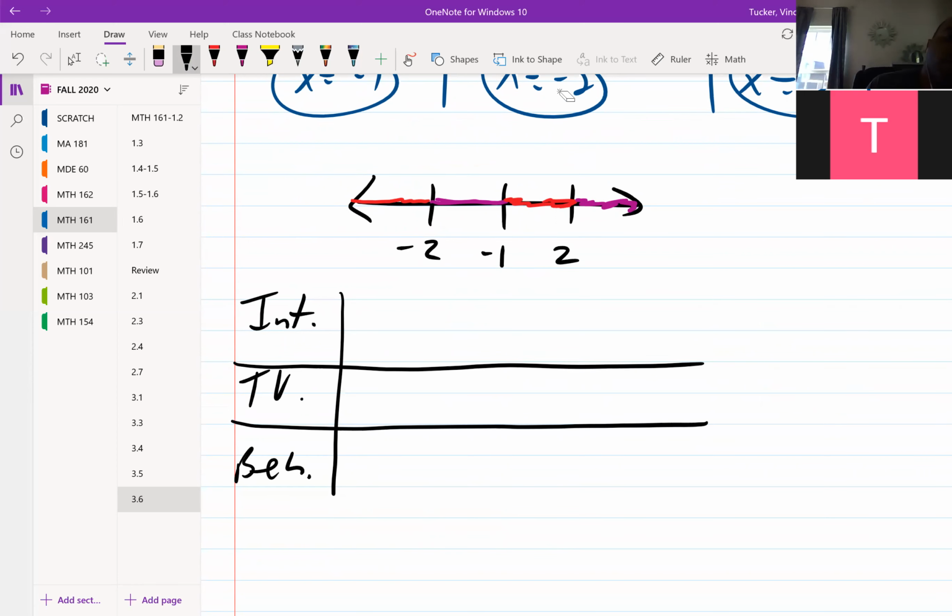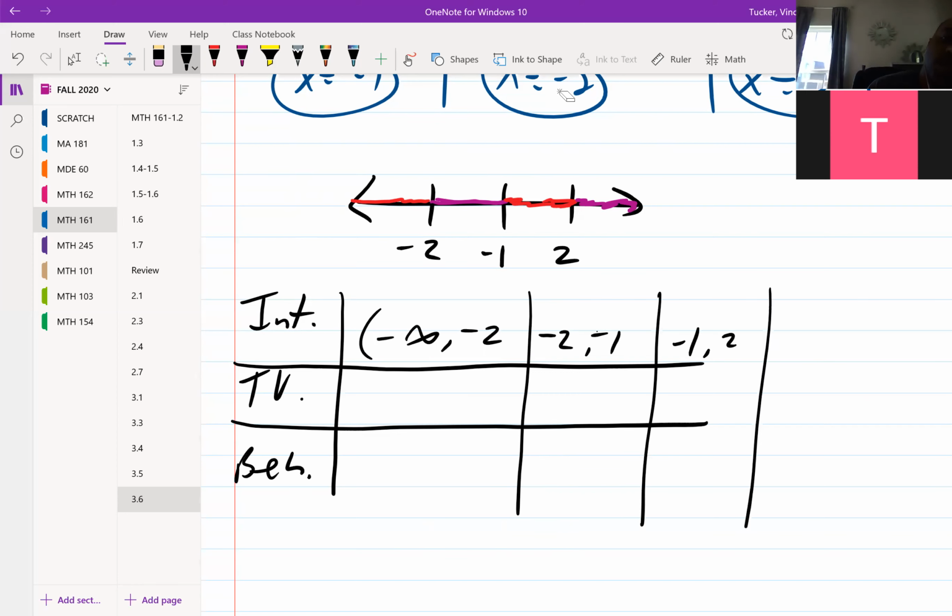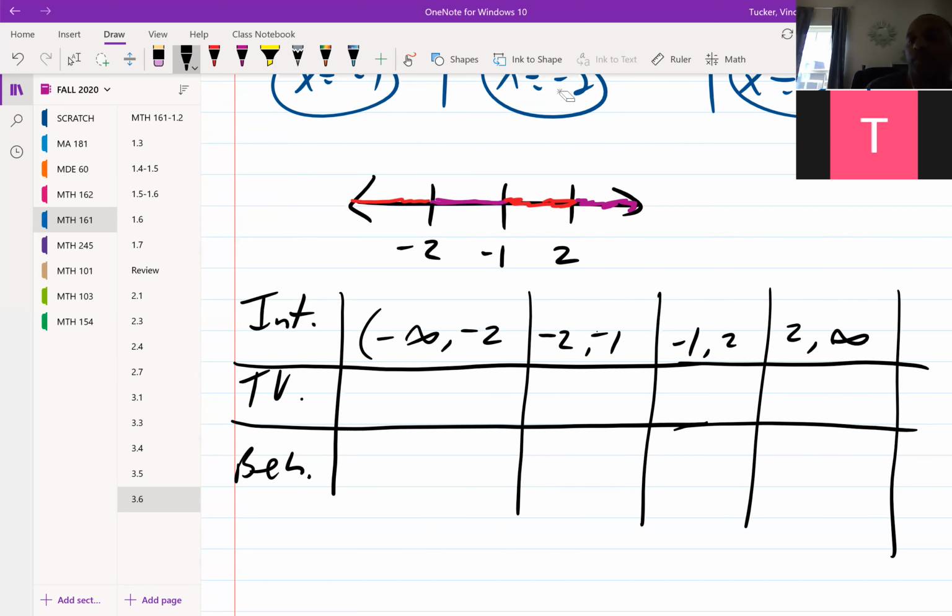So our intervals run from -infinity to -2, -2 to -1, -1 to 2, 2 to infinity. All right, once again, we know our infinity signs take on parentheses.